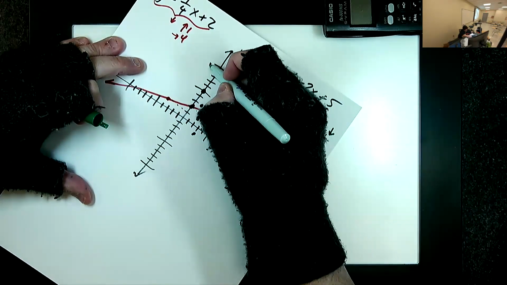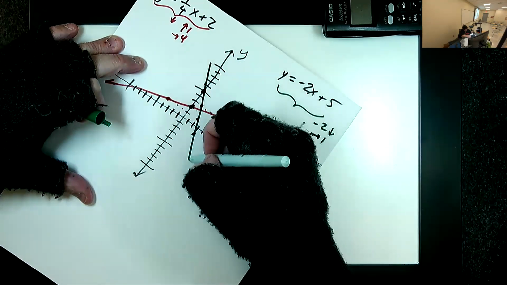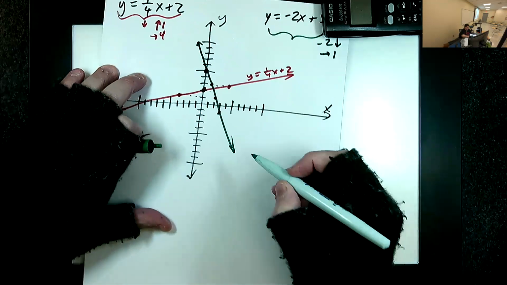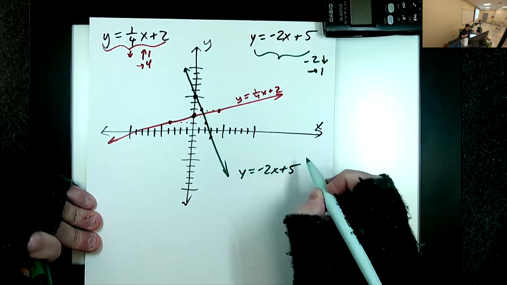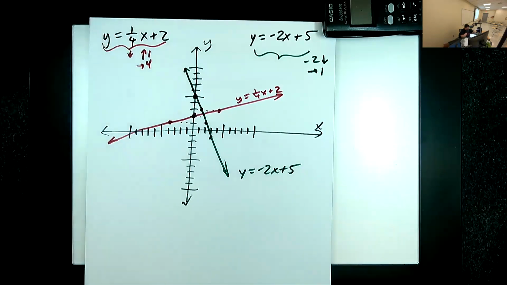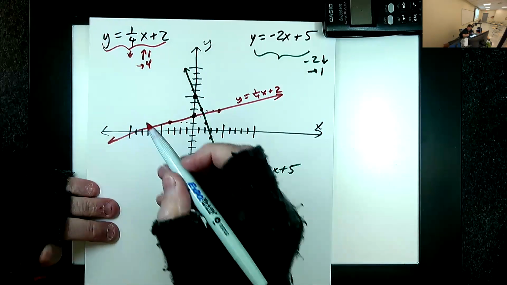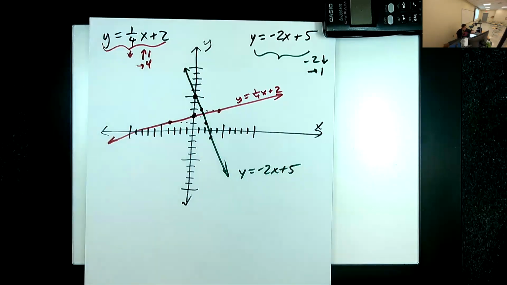And if I do that, that's my y equals -2x + 5. You guys both get that?